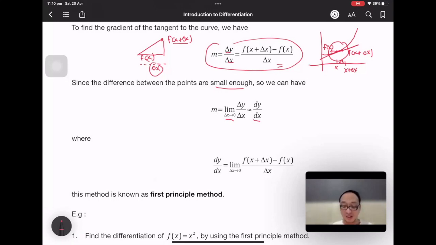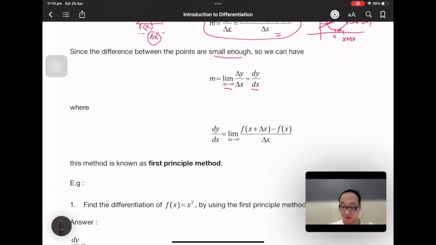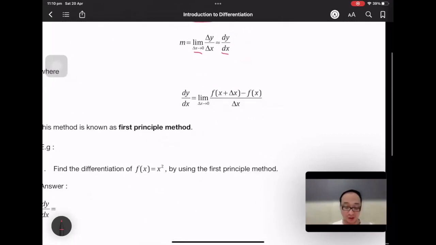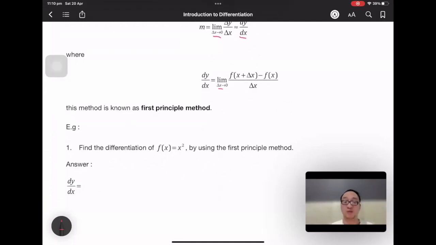So here, the gradient of the straight line, in this case the tangent to the curve, is the differentiation, dy over dx. So we put it into the formula: dy over dx equals the limit as delta x approaches zero of the rise over run, where this is delta y and this is delta x.